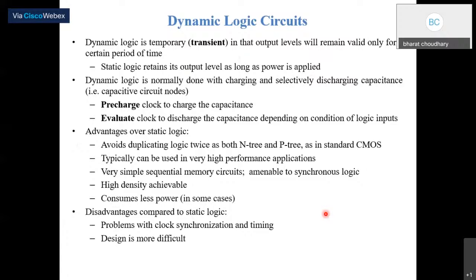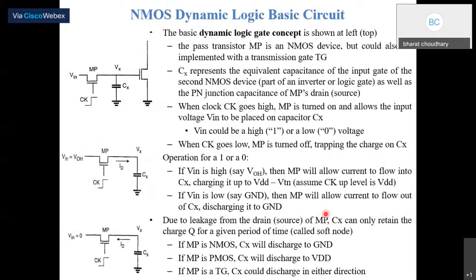Now, we will only discuss the fundamental concept of the dynamic logic gate. The pass transistor MP here is an NMOS device, and could also be implemented with a transmission gate. Here CX is the charge capacitance, which represents the equivalent capacitance of the input gate.